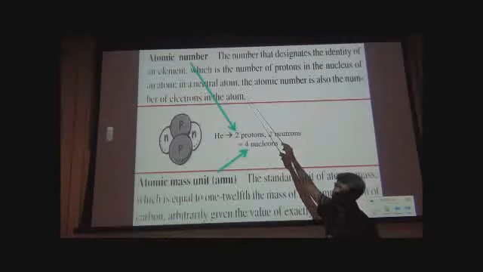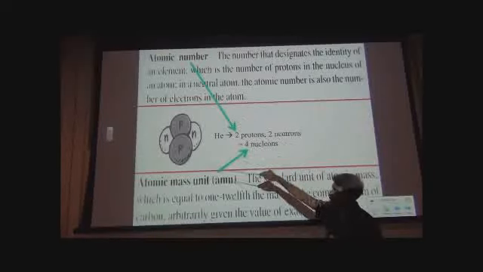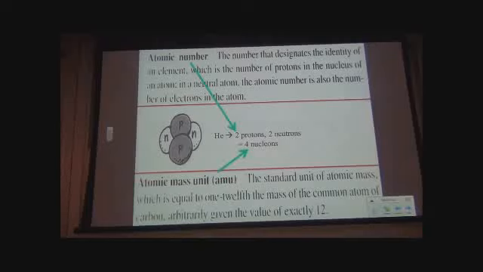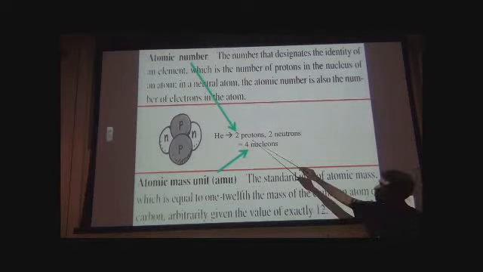So we've talked about atomic number, which is the number of protons, to a first approximation, and the atomic mass number, the red number, which is the sum of the protons and the neutrons in the nucleus.